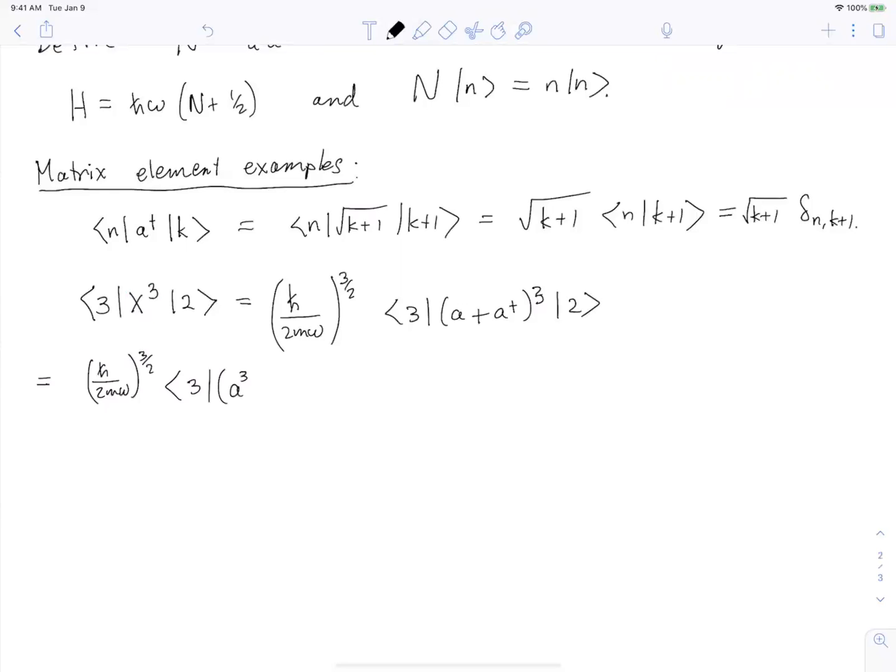There's a cubed plus a squared a dagger plus a a dagger a plus a a dagger squared plus a dagger a squared plus a dagger a a dagger plus a dagger squared a plus a dagger cubed, all acting on the state 2. So again, here we have to be careful with the order.